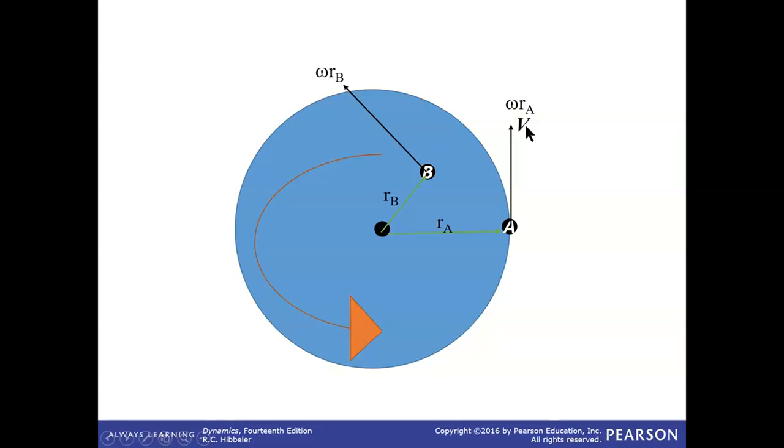The linear velocity of point A is omega multiplied by RA, and the linear velocity of point B is omega multiplied by RB. Also pay attention to the direction of velocity: it's always 90 degrees to the position vector and points in the direction of motion. Similarly for B, it's 90 degrees from RB and points in the direction of motion. In both cases, it's the same omega but a different value of r. That means the velocity of point A is more than the velocity of point B.